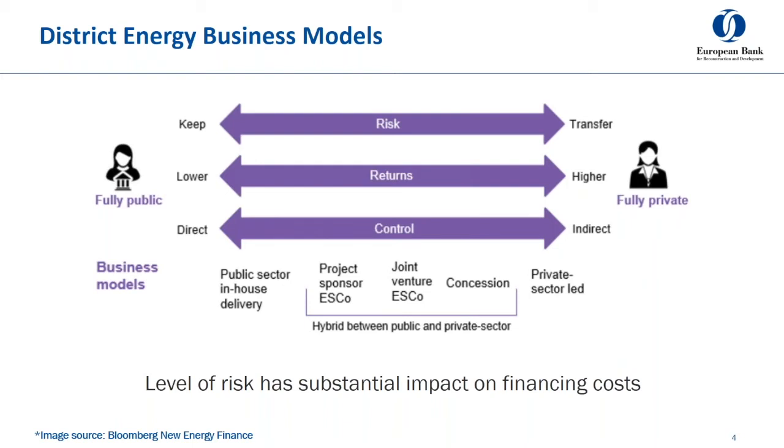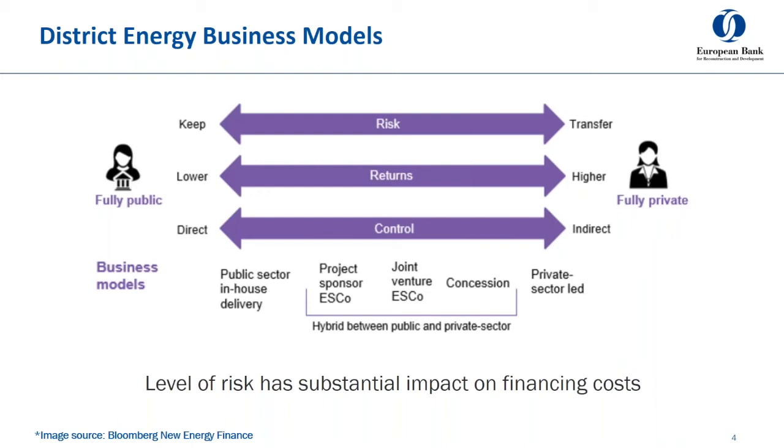Moving along, we see joint venture special purpose vehicles. Here again, an organization is established to develop and operate the network, but ownership and control is shared by the two joint venture parties, one of which is public and one of which is private.